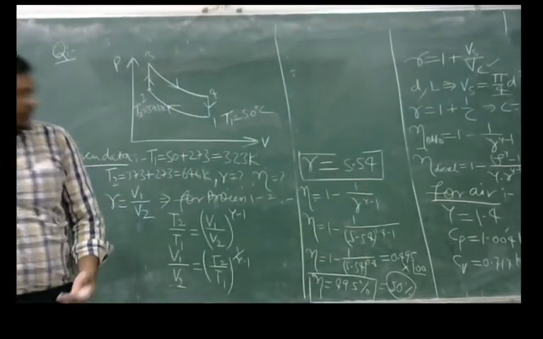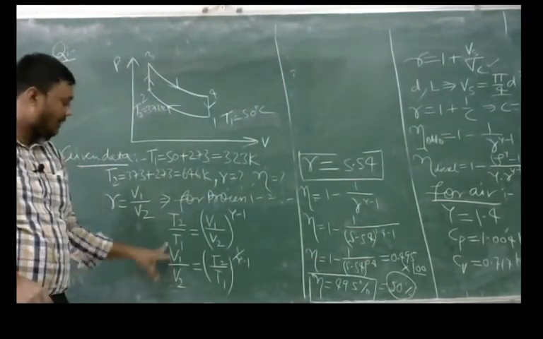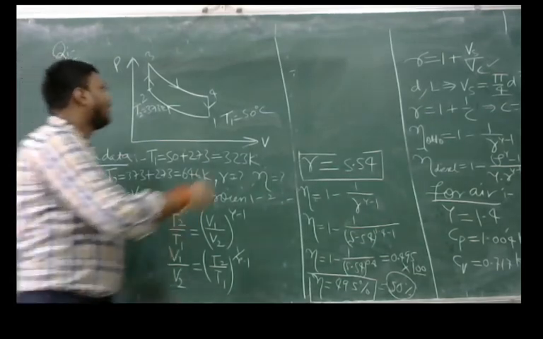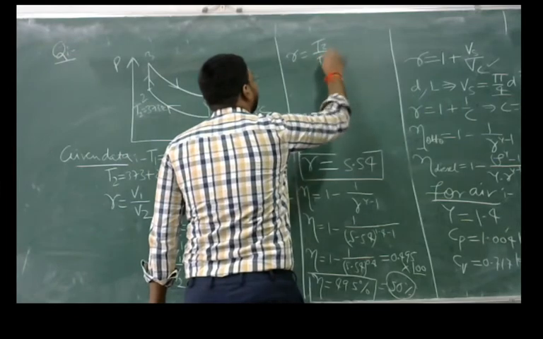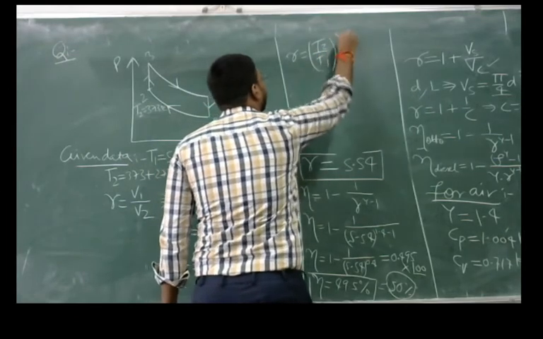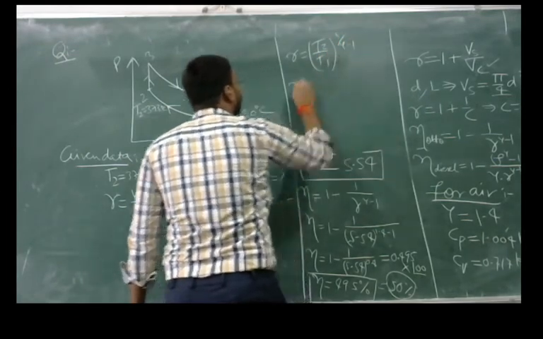Now we know that V1 by V2 is nothing but the compression ratio R. So we can write R is equal to T2 by T1 to the power 1 by gamma minus 1. Put in all these values.